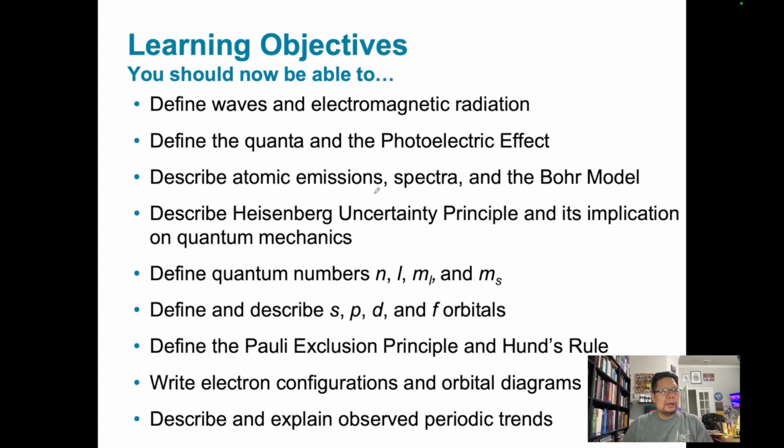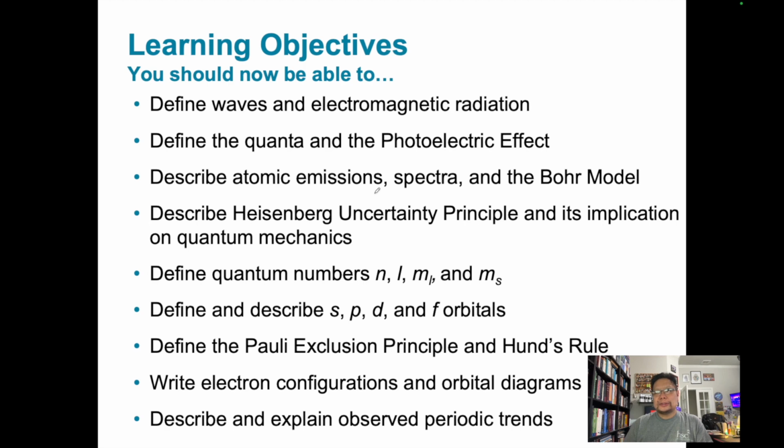By this time, after listening to this 2 hour or more lecture, you should be able to define waves in electromagnetic radiation, define what a quanta and the photoelectric effect are, describe atomic emission spectra and the Bohr model, and describe the Heisenberg uncertainty principle and its implications on quantum mechanics.